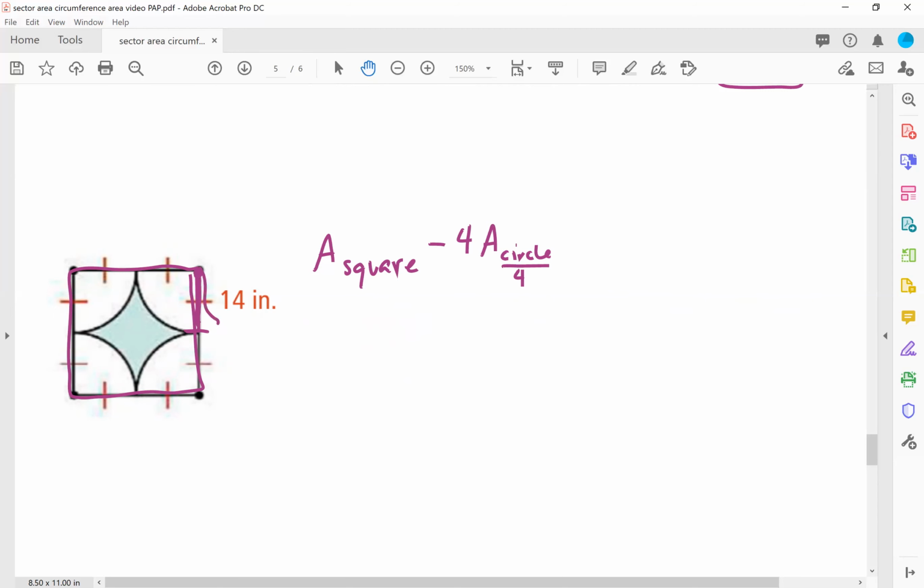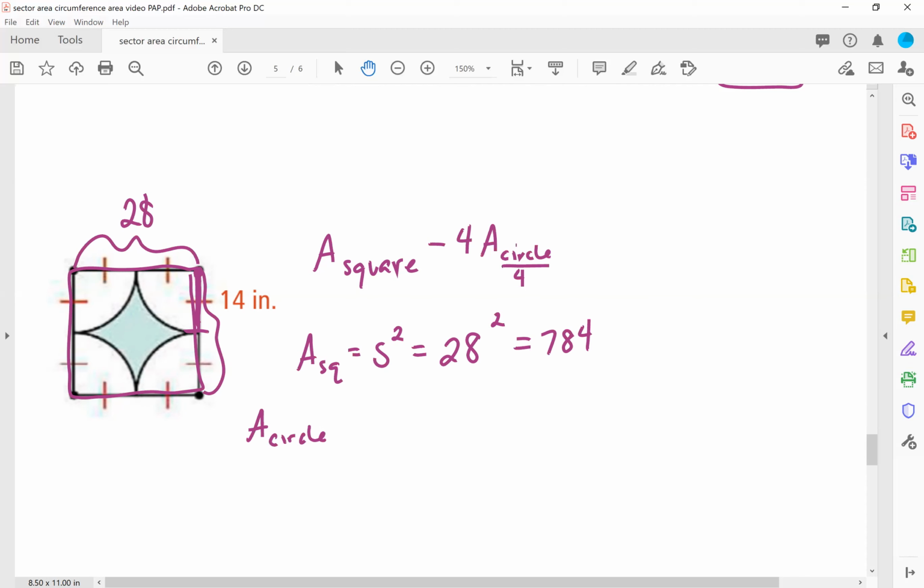So the whole side of my square is 28, because 14 times 2. So the area of a square is side squared, and so it's 28 squared. So 28 squared, that's 784. Okay, that's the area of the square. Now the area of the quarter circle, okay, it's pi r squared divided by 4.